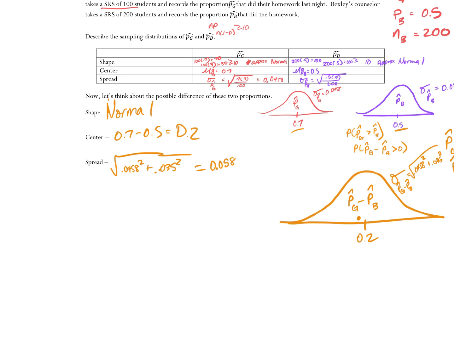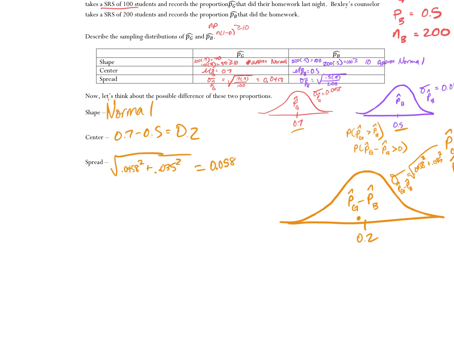Now, what tells me that I'm using these formulas is I have two different samples I'm drawing from two distinct populations. If I only have one sample, the rules I follow are the ones we learned yesterday. Does that make sense? If I have two populations, then the rules I follow are about what we're about to do.